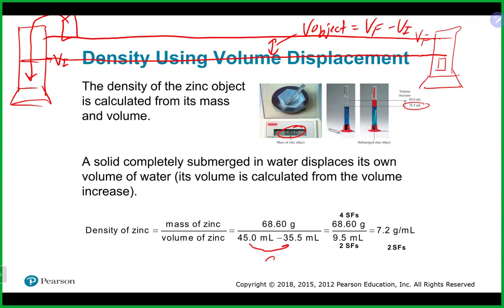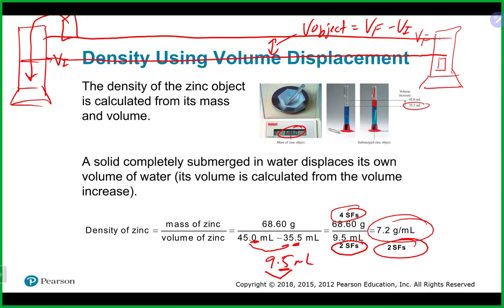That would get us our 9.5, which should be 1 decimal place based on the subtraction. But in terms of significant figures, it has, as you can see there, 2 significant figures, right? That's important because the last thing we would do here is the division, where we take the mass divided by that volume, which means we're taking 4 significant figures divided by 2, so our answer should end up with 2 significant figures.